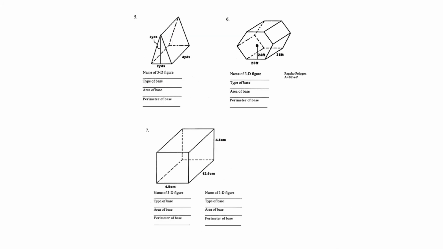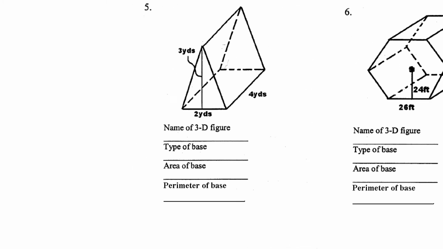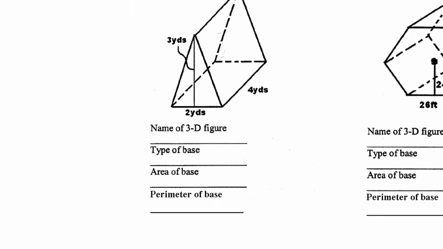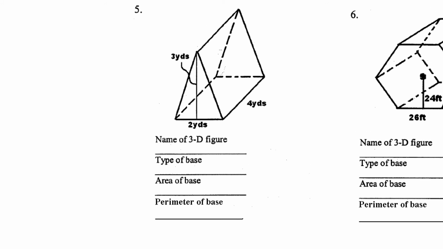Whoops. Okay, let's go ahead and go over to number 5. Okay, so number 5, what's this? Okay, a triangular prism. So what shape is its base? Triangle.